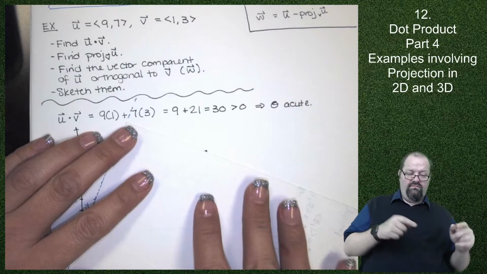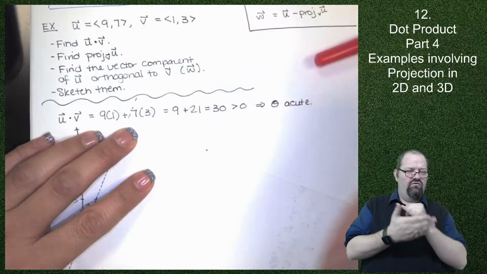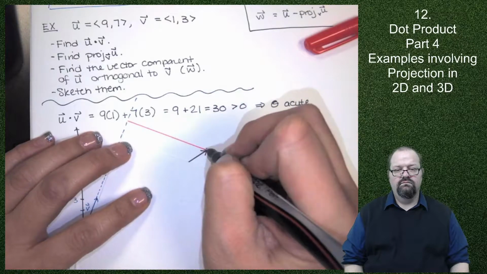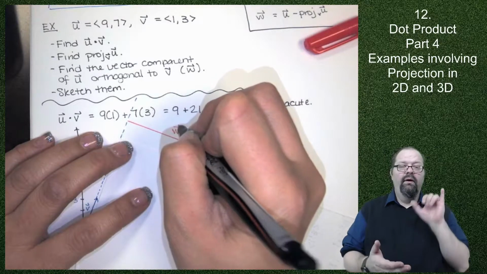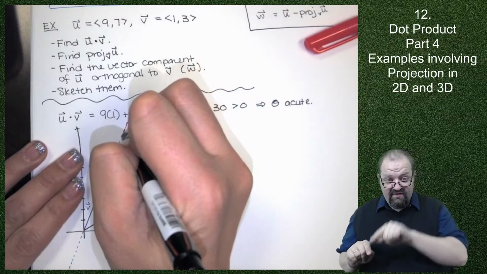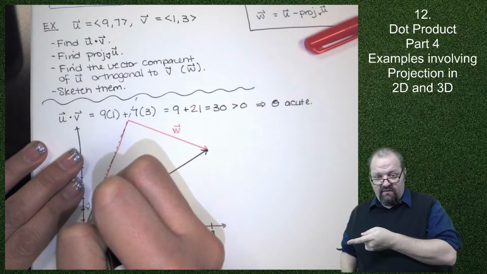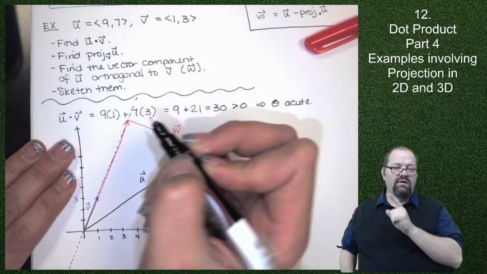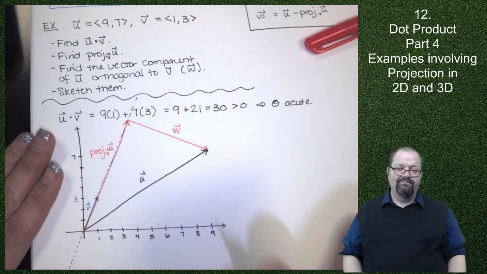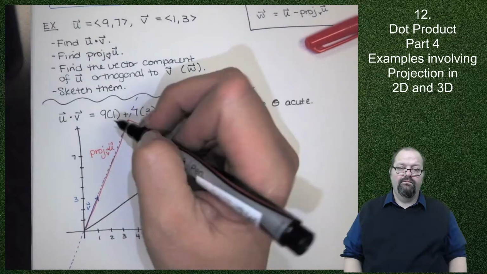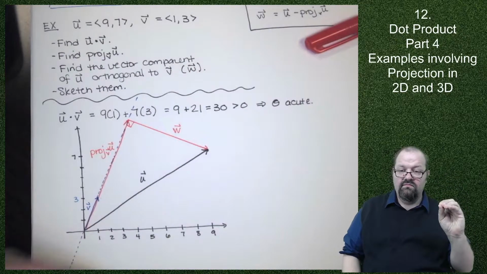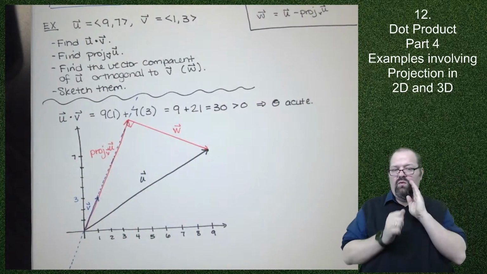Just going to draw it. That's w. And this vector that starts here and ends there, that's the projection of u onto v. Okay, these guys meet at 90-degree angles. So this plus this equals u.